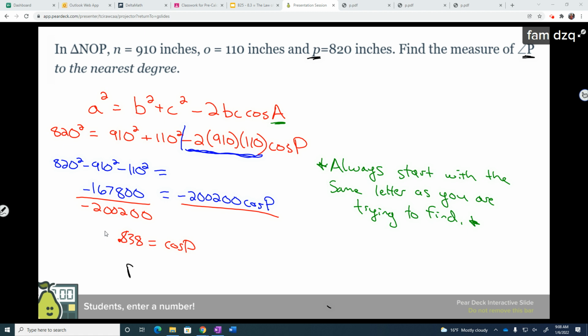So P equals inverse cosine of 0.838, or the answer. I'm going to type that in. And get a similar answer here, 33 degrees.